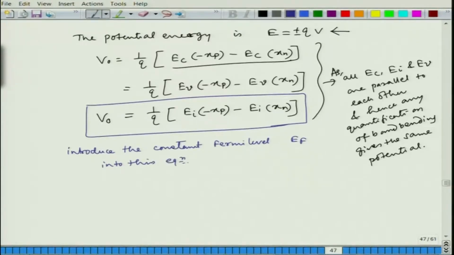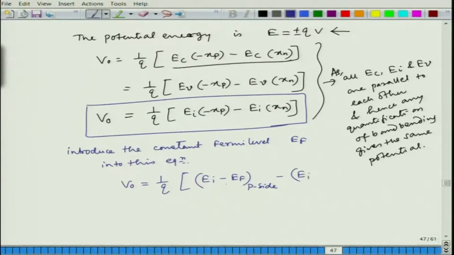So, that means you add it and subtract it, so that the equation does not get altered. So, V naught you can write 1 over q E I minus E f, and at minus x p, this is for the p side, right.